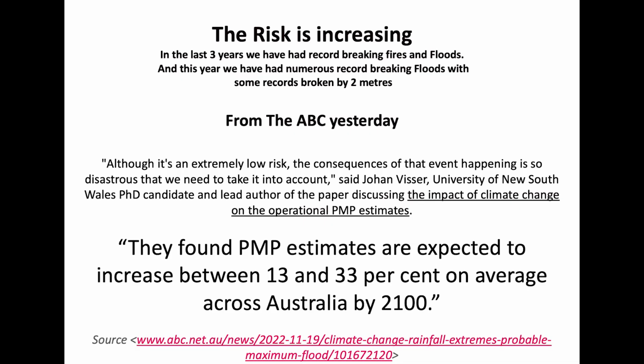If you go on to the ABC News website, this article came up yesterday, saying new research has just been released, and it's basically saying by the end of the century, so 2100, the probable maximum precipitation levels will need to increase anywhere from 13 to 33%.